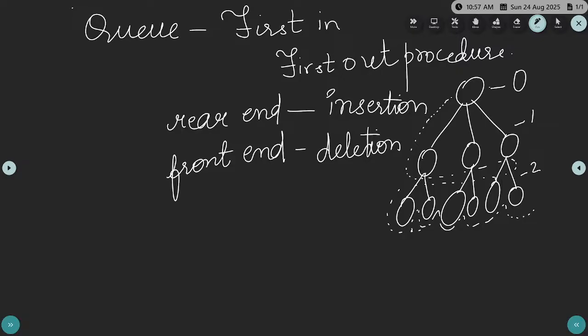Algorithm to perform BFS. Write down step 1.